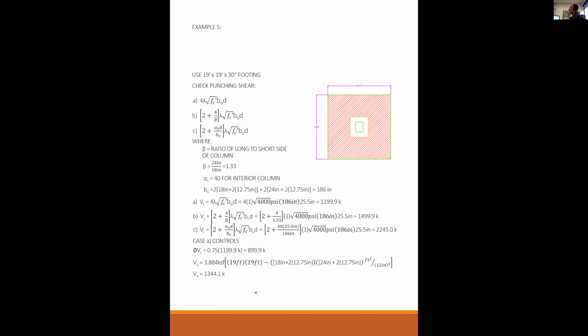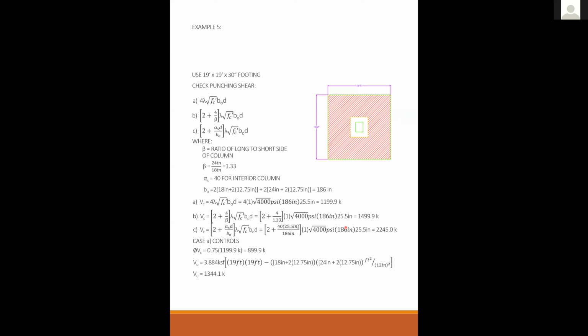What does that mean? It's not enough. So what can I do? What do I have control over? The thickness. That's exactly right. I do not have enough thickness on my footing.